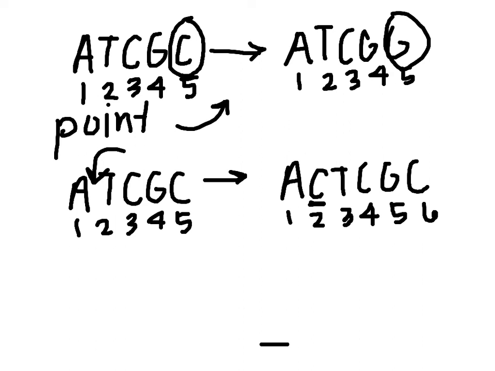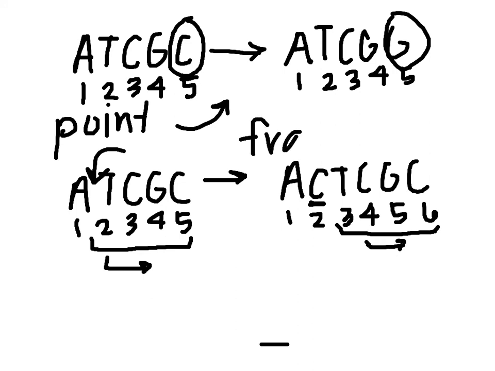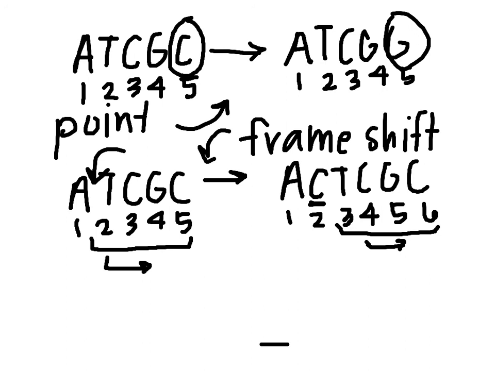So what we've basically done is taken these 4 parts of the sequence and we've shifted them down. So that makes this a frame shift mutation because we're shifting all of these nucleotides down. So this is a frame shift mutation. This is insertion.